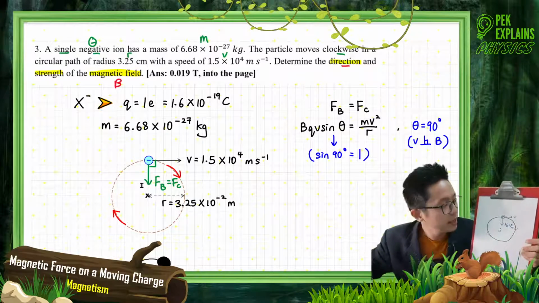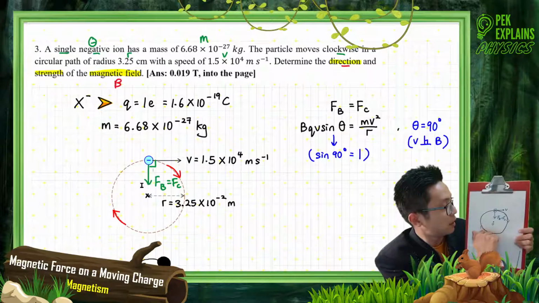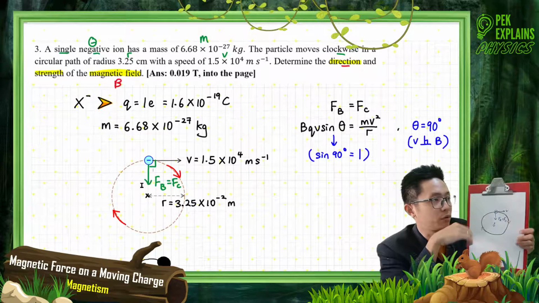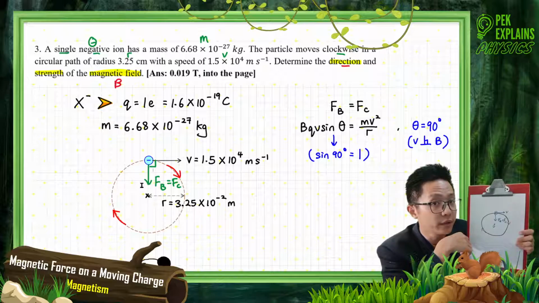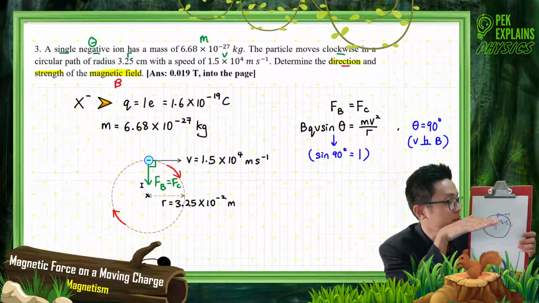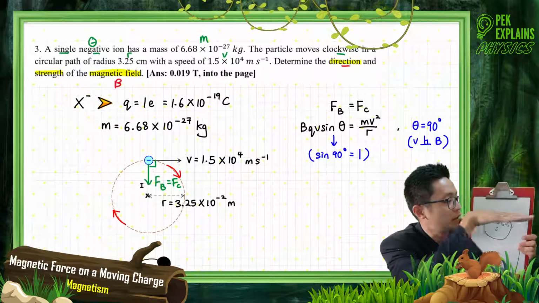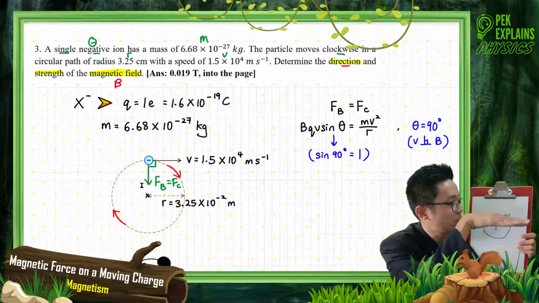So now let us determine. Use your right hand rule. The forefinger is the velocity, but your force is downward.